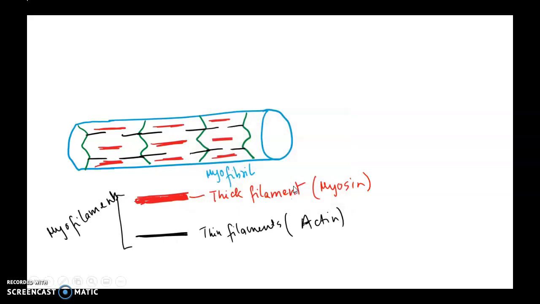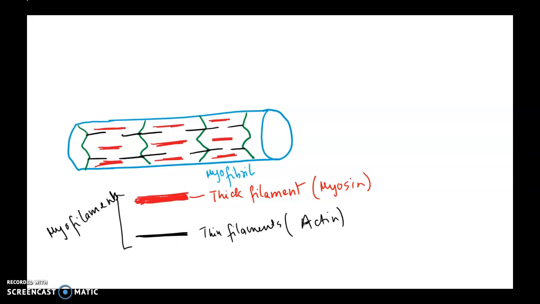All right. So going back to our analogy of the pack of cigarettes. If you buy a pack of cigarettes and you think of the pack as a muscle fiber, inside you see these rod-like cigarettes, right?